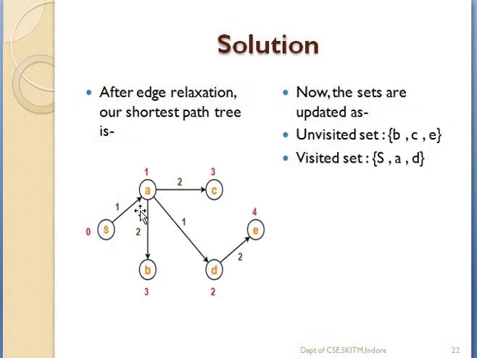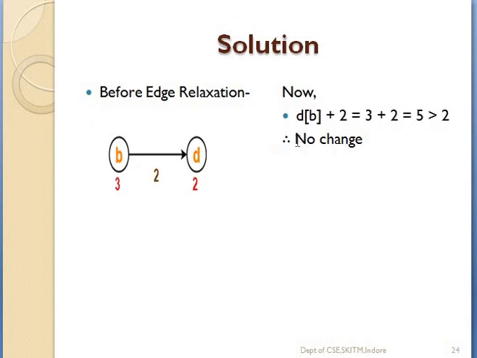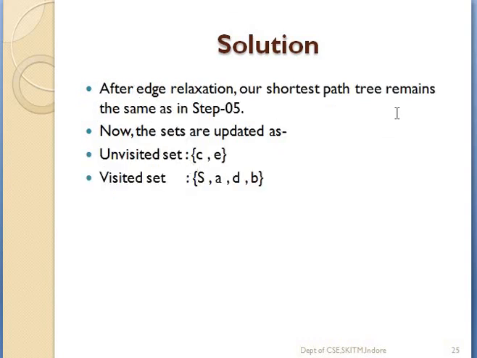If we are approaching from S to D, the total cost involved will be 5, and if we are approaching from source to D, like 1 plus 1, that is 2, which is the least. So there is no change there. After edge relaxation, our shortest path tree remains the same as in step 5. The sets are updated. Visited sets are S, A, D, B and unvisited sets are C and E.